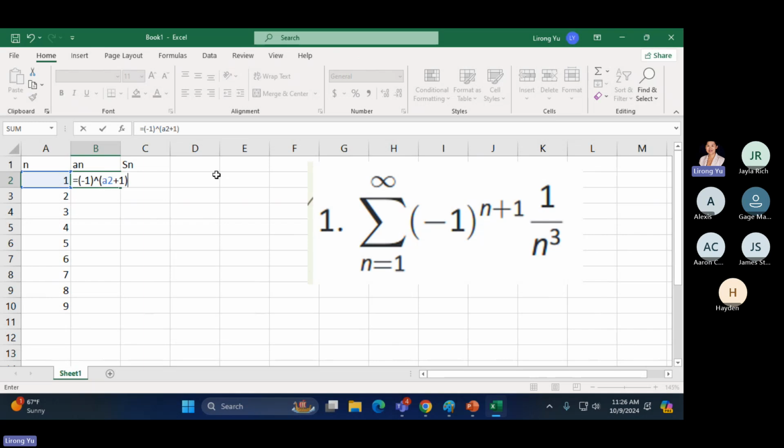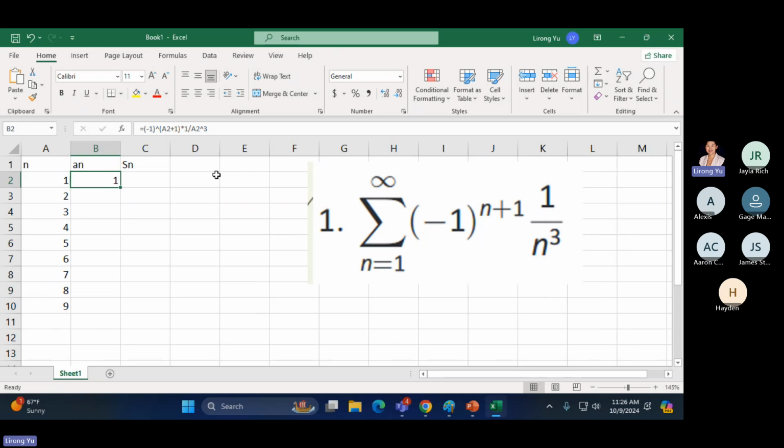Try to put in the an formula there. This is being multiplied by a fraction. The fraction is 1 over n to the power 3. n is in spot A2, and that is raised to the power 3. That works, so equal to 1.